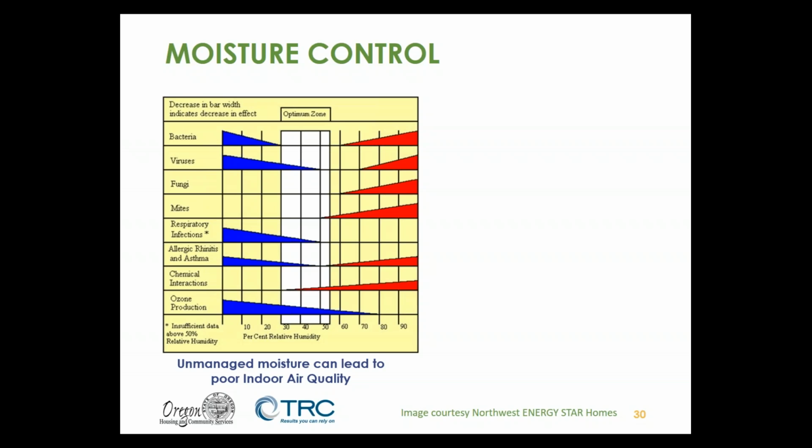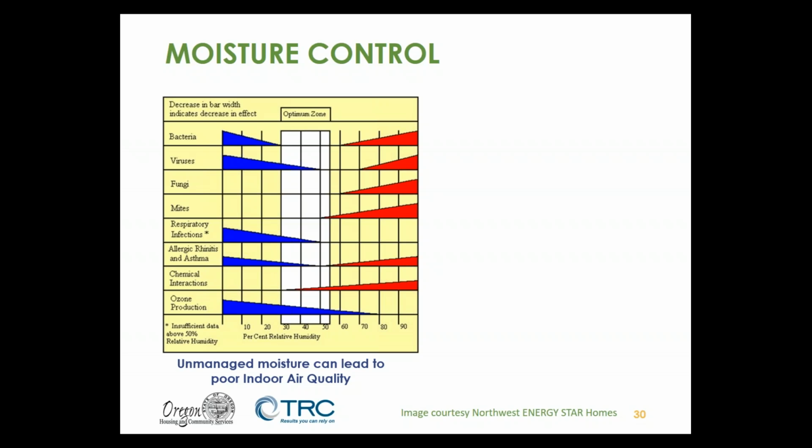Along those lines, the chart you're looking at has relative humidity going from low humidity on the left to high humidity on the right. And each of the rows is a different indoor air quality issue. Bacteria, viruses, fungi, mites, respiratory infections, allergic rhinitis and asthma, chemical interactions, ozone production.